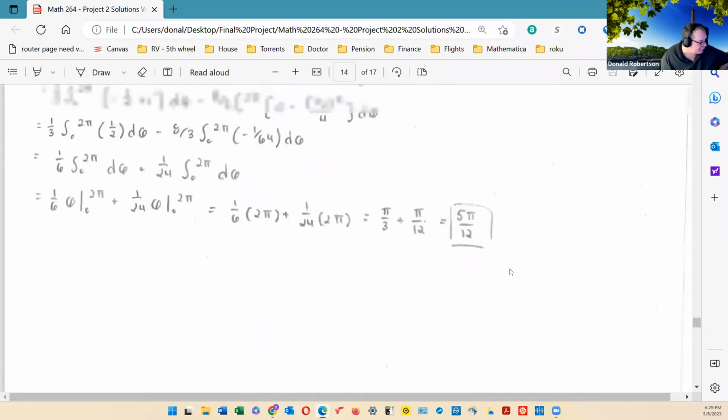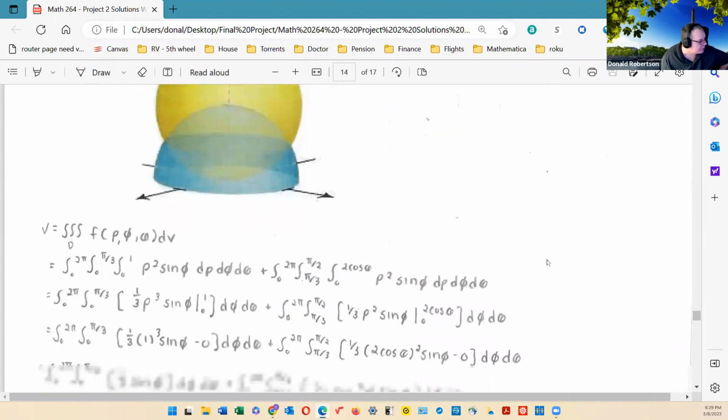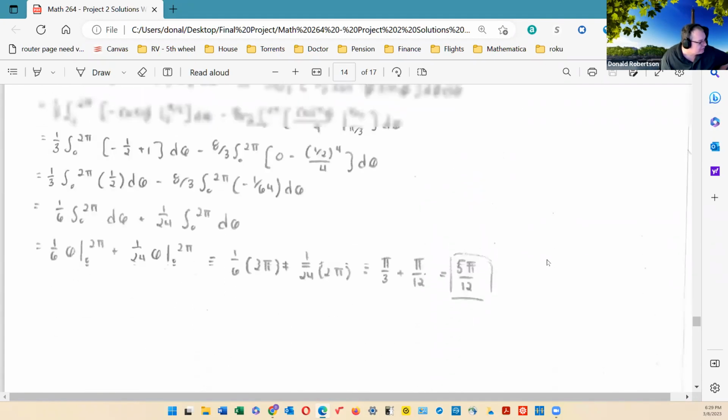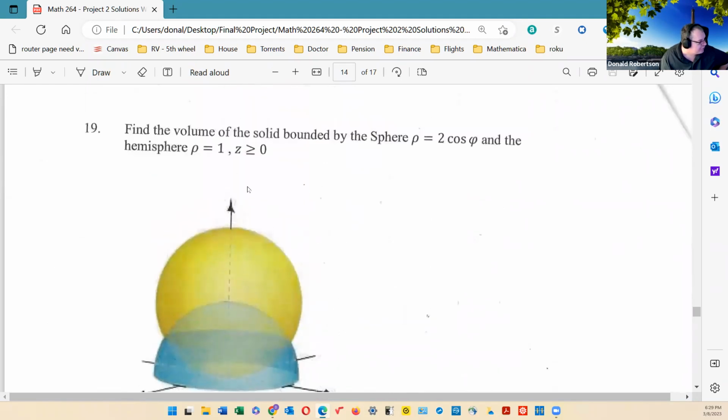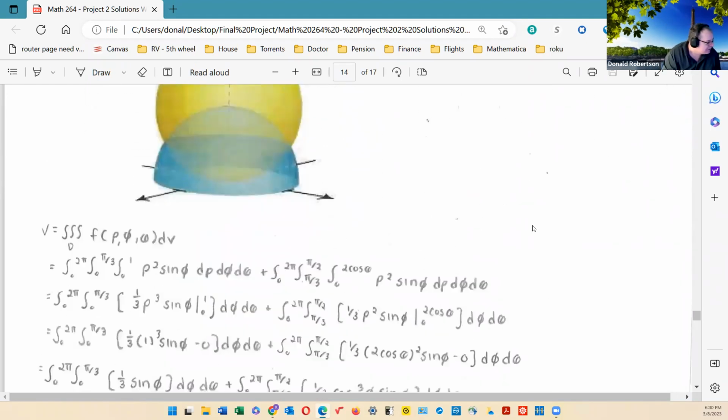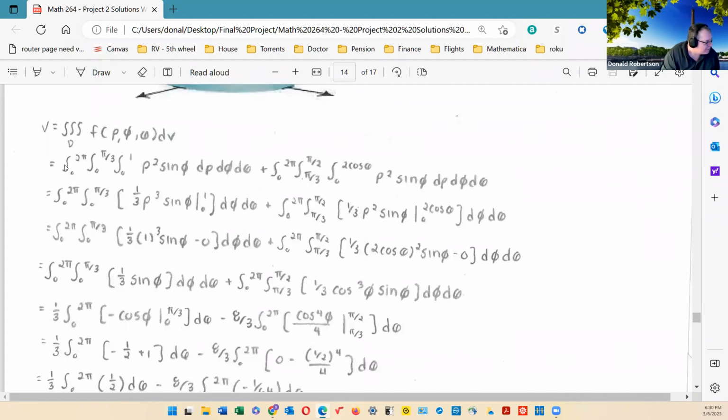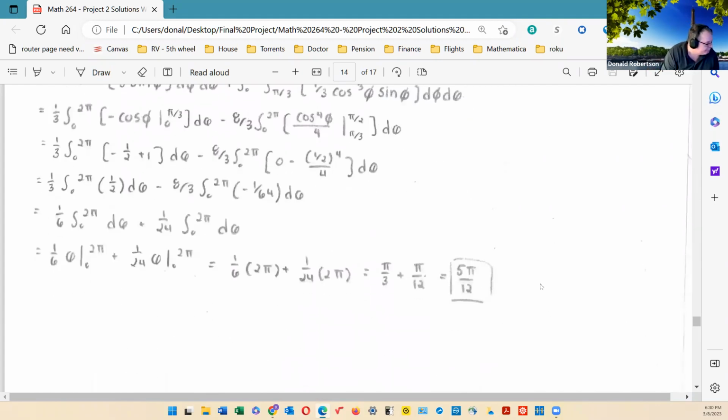That is a cool question, but that is a killer of a question. And not telling you rho equals 1 wasn't very helpful. So the key is that line there. If you write that line down, everything from that point onwards is just boring integration, with rhos, thetas, and phis.